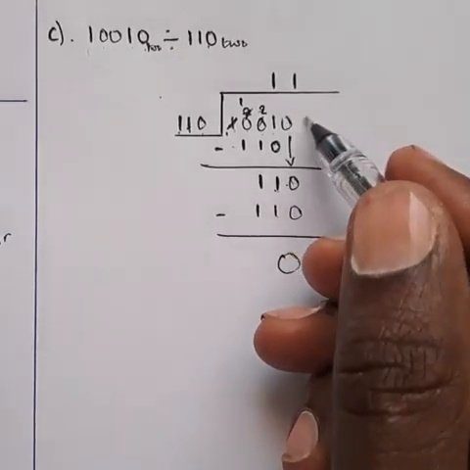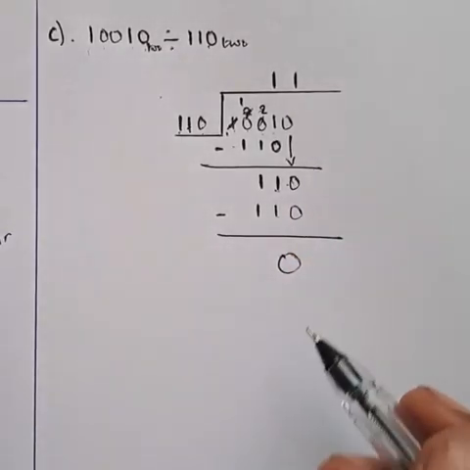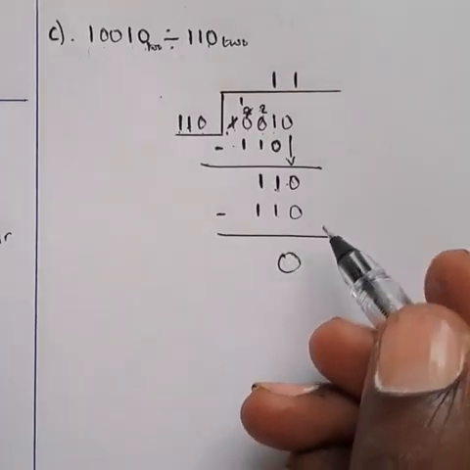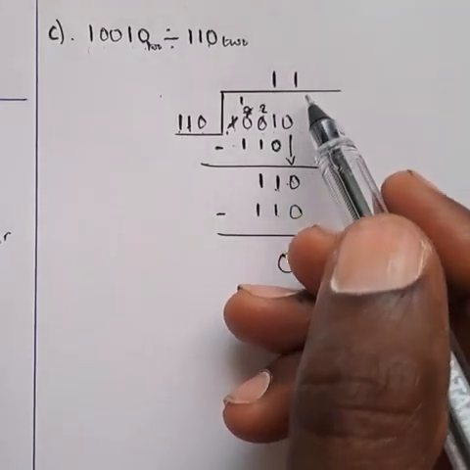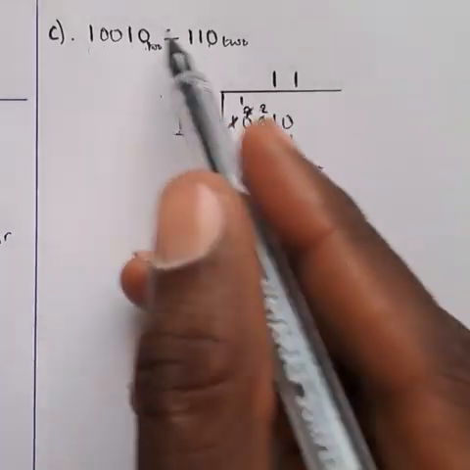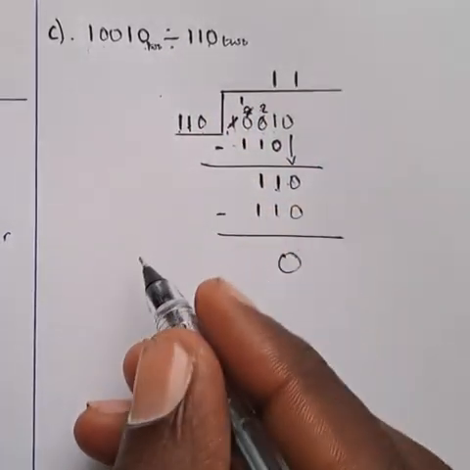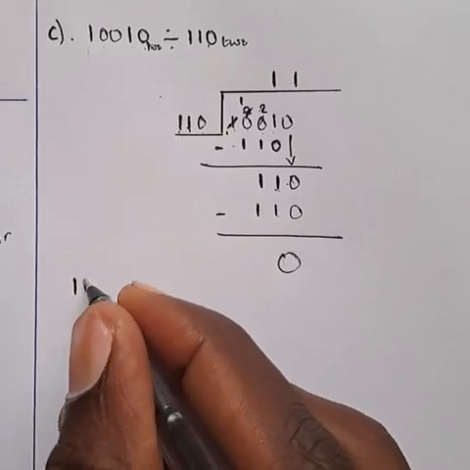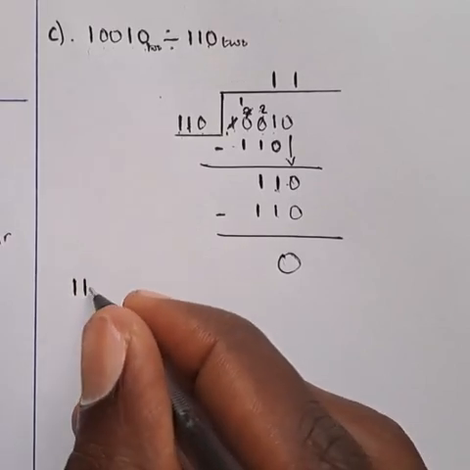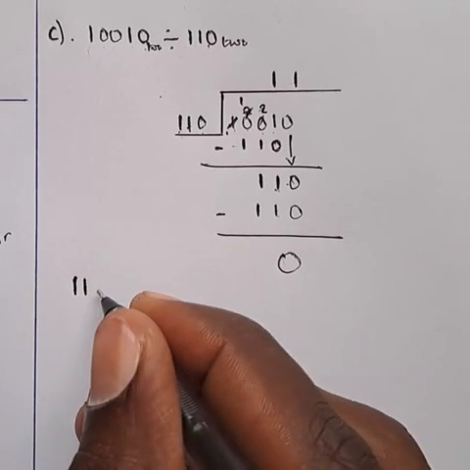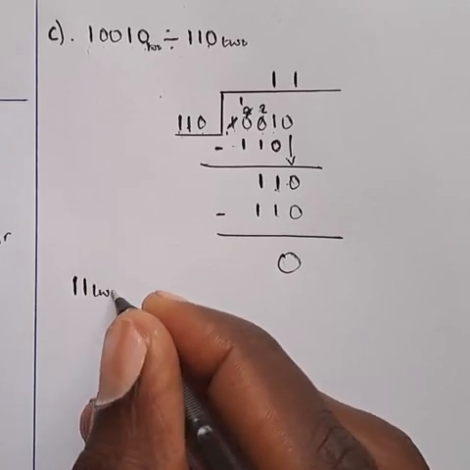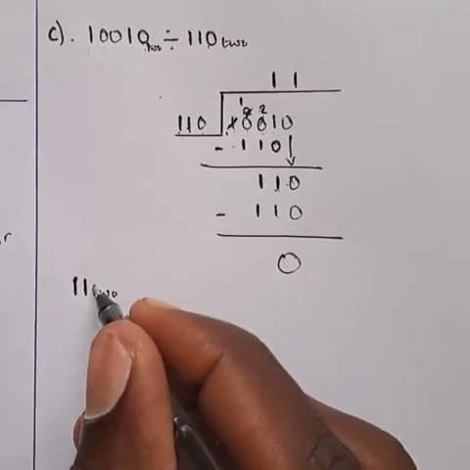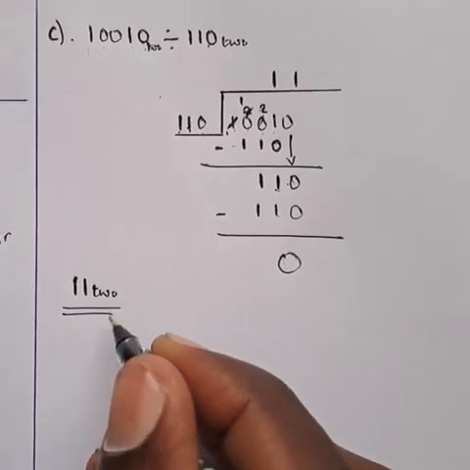Do we have any entry on the dividend there? We don't have, and we found 0 here, so it means our answer, that's the quotient there. So our conclusion for this problem is that our answer would be 11, or that is 1 sorry, 1 base 2. And that's it.